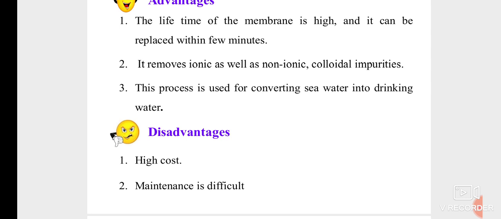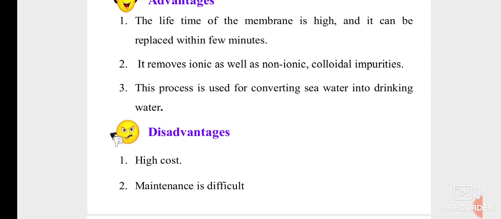Most of the unwanted impurities are available in seawater, so they damage the semi-permeable membrane frequently, and so maintenance is very difficult. So these are the various disadvantages of the reverse osmosis method.